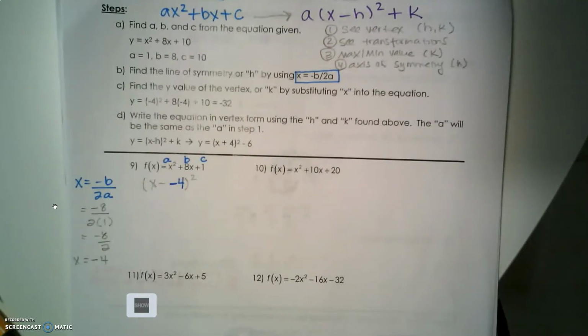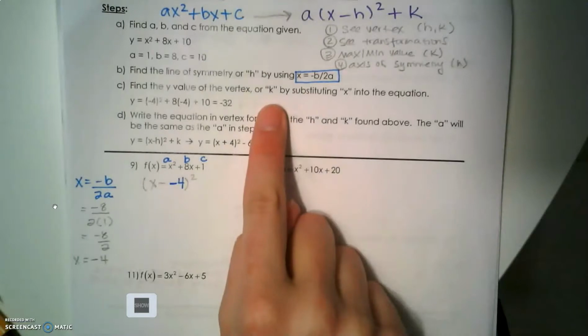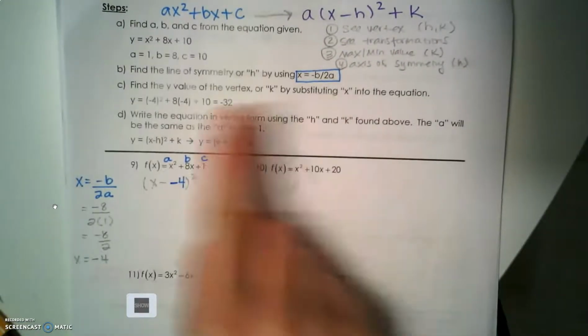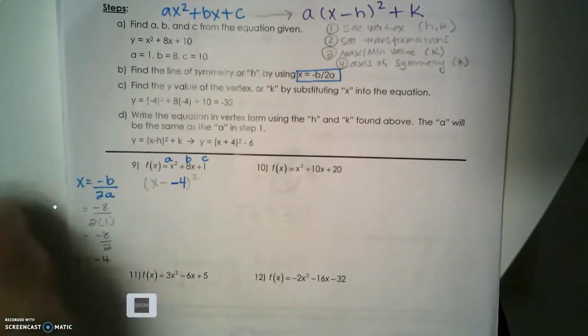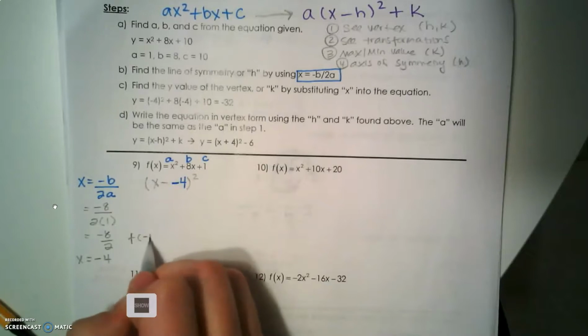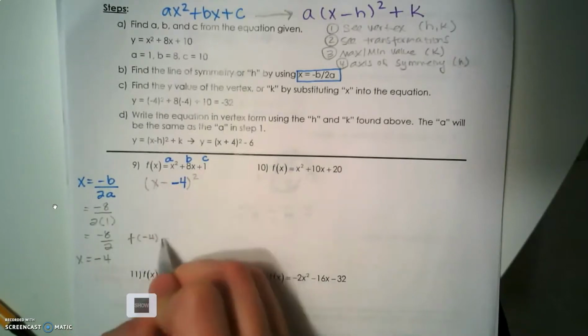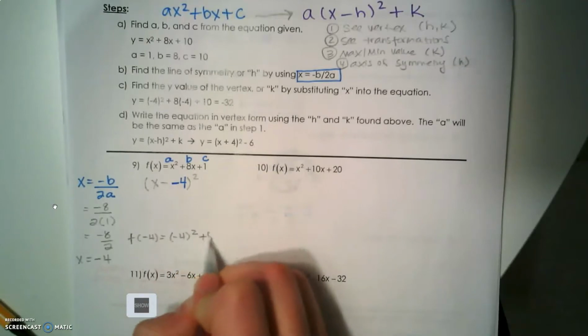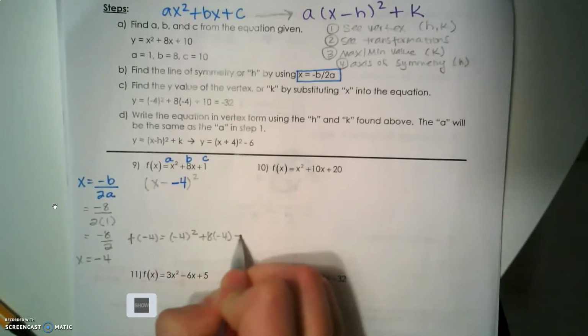How can I find the k value? Well, the k value of your vertex is the y value. So we want to substitute x into our equation. So I'm going to move a little bit down here. I'm going to say f of negative 4, because we're substituting in for x, is equal to negative 4 squared plus 8 times negative 4 plus 1.